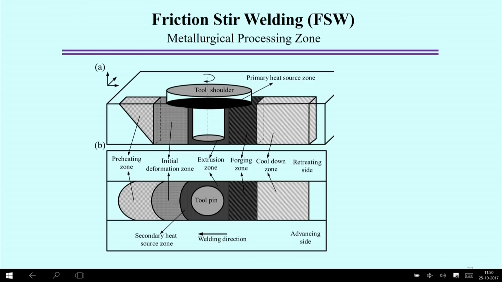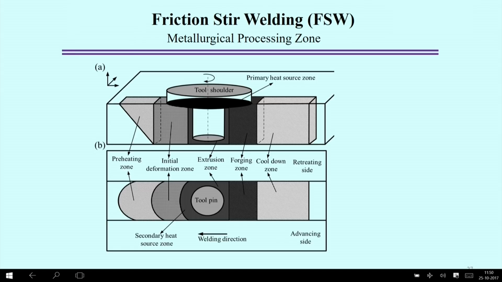From the figure, it is very obvious that the welding direction is given by this arrow. It is moving in one direction, that means the welding direction is towards the preheating zone, ahead of the friction stir welding tool. In the direction the tool is supposed to move, the preheating zone and initial deformation zone exist. Then near the tool is the extrusion zone, and behind the tool are the forging zone and then the cool down zone.